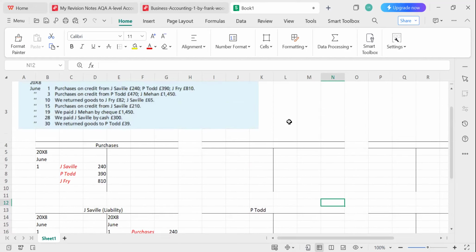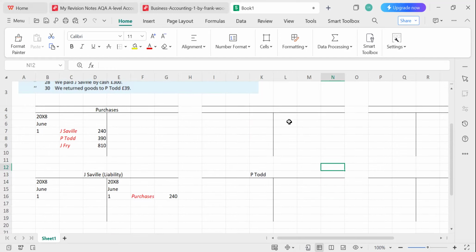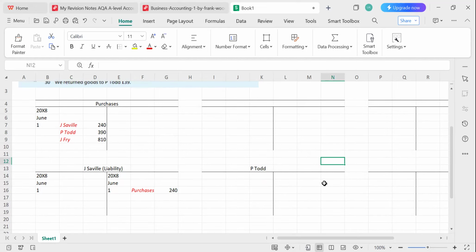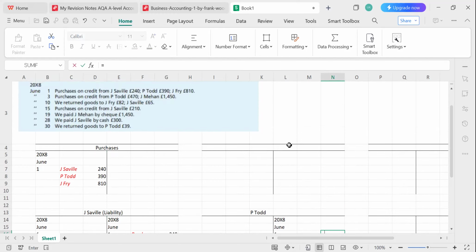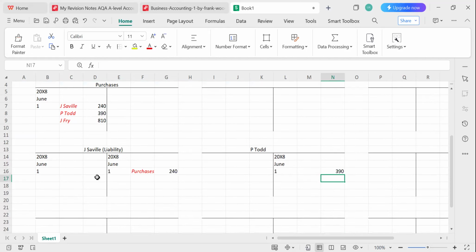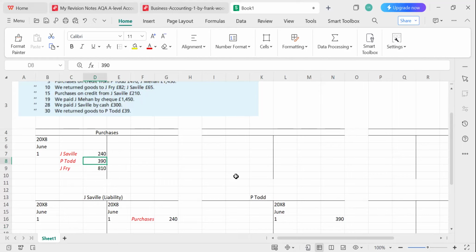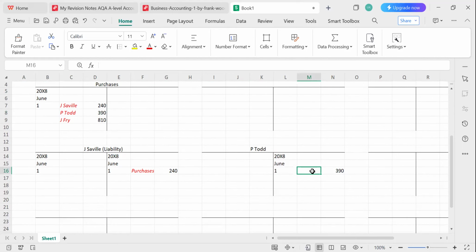Because we debit purchases, we're going to credit P Todd. 390 debit in purchases, credit in P Todd. And here I'm going to write purchases, because that's the account that we're making against it.